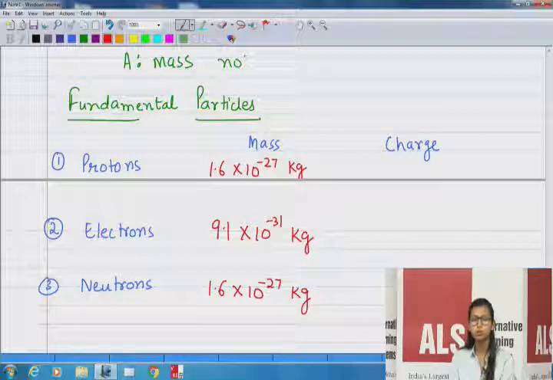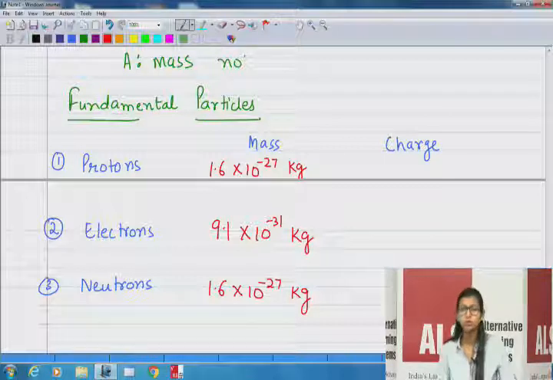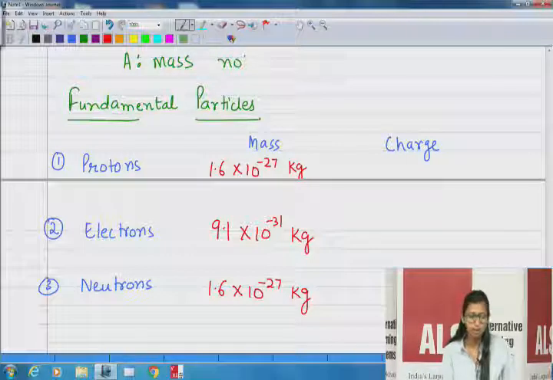For the proton, obviously it's positive. For the electron, it's negative. For the neutron, what is the charge? Very good, the neutrons are neutral. They don't have any charge.